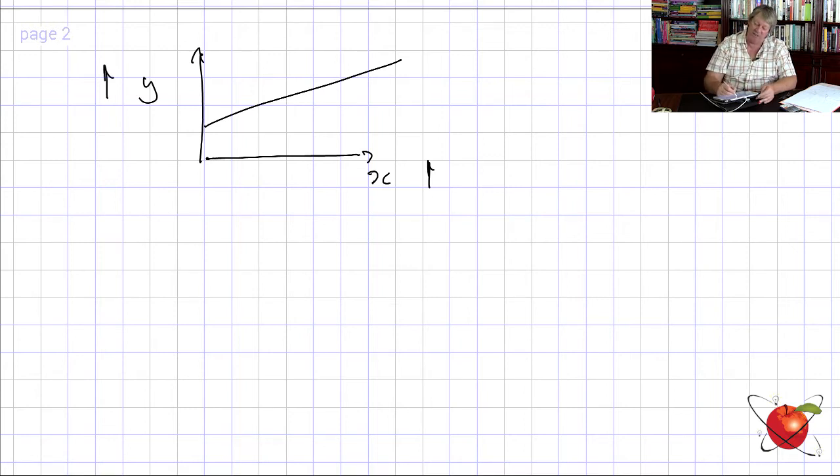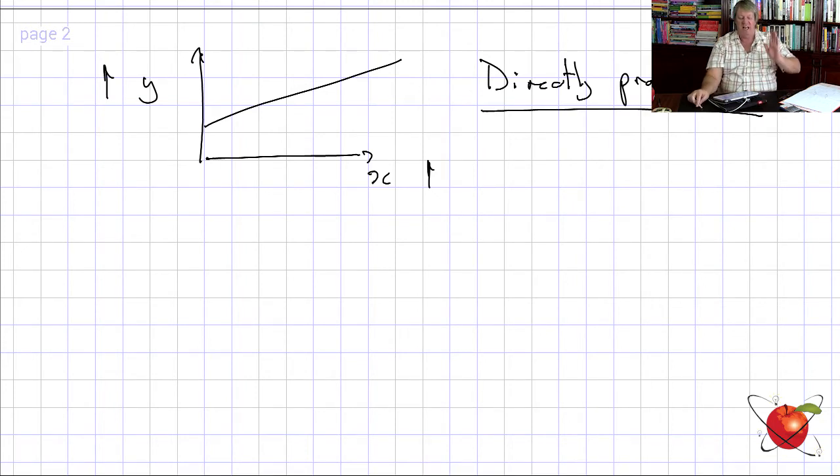In other words, they are directly proportional to each other. If the one goes up, the other one goes up, means direct proportion. Always look at it and say, if this goes up, what's happening to the other one?